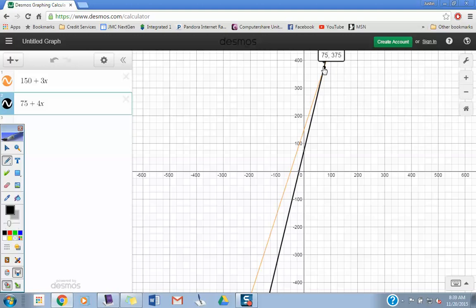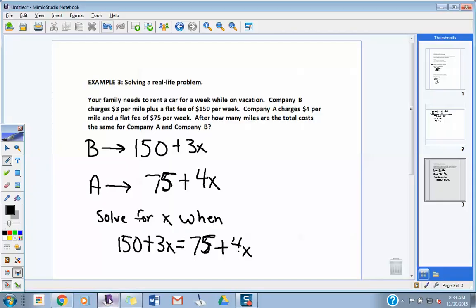Guys, which of those two values do you want as an answer or a solution to your question? You want the x value, which is going to be what? 75 miles here. Okay? 75 miles. So back to this right here, we'll say the x value is 75.